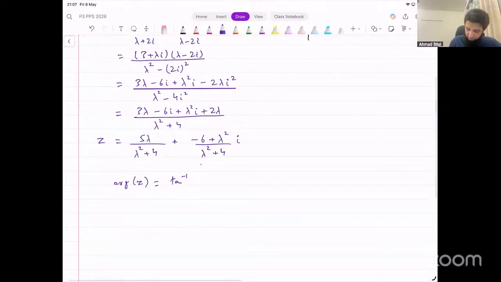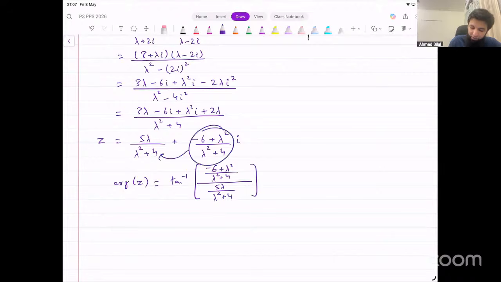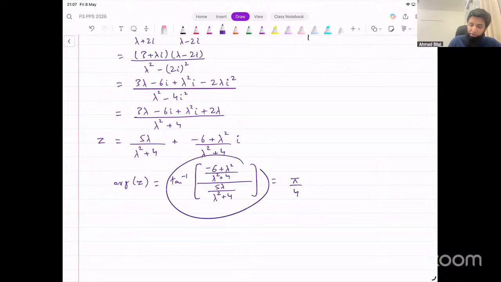Let me just write it down anyway. Minus 6 plus lambda squared divided by lambda squared plus 4, whole divided by 5 lambda divided by lambda squared plus 4. Okay, so what I've done is I've divided the imaginary part by the real part. Now this must equal the argument that they gave us, that's pi over 4. So this should equal pi over 4.